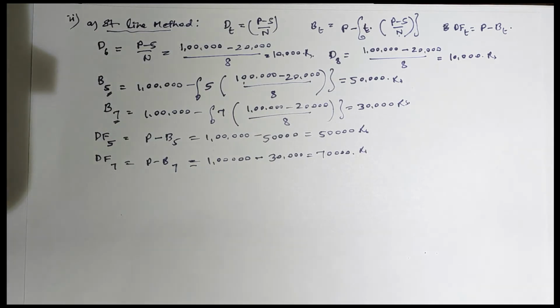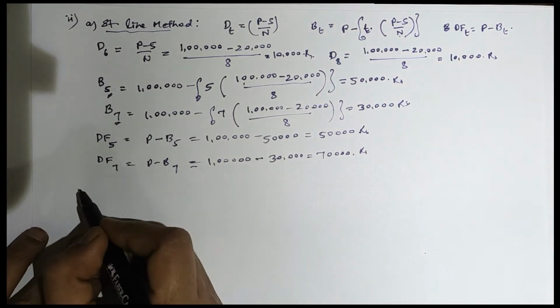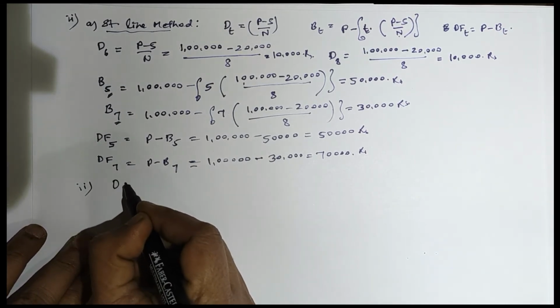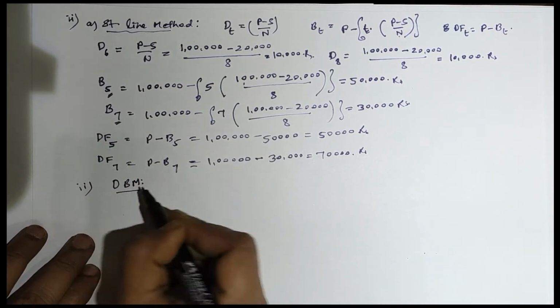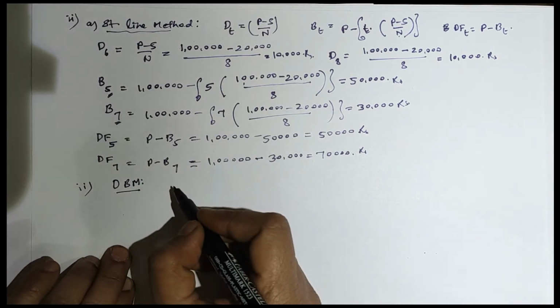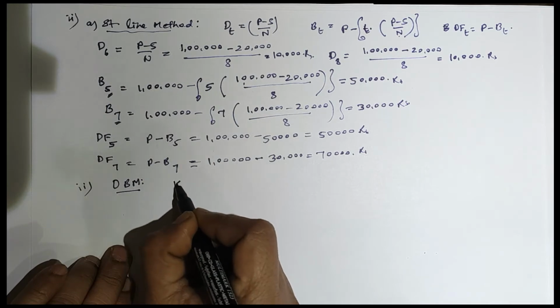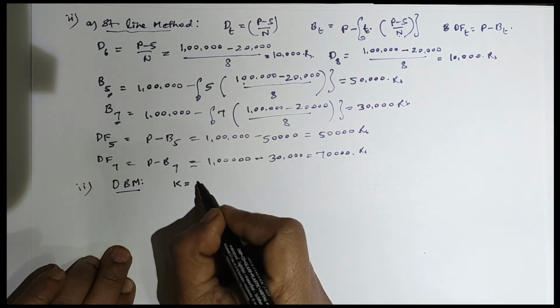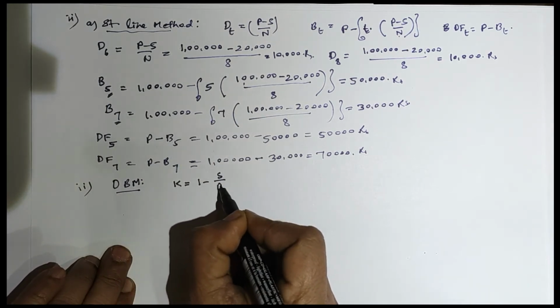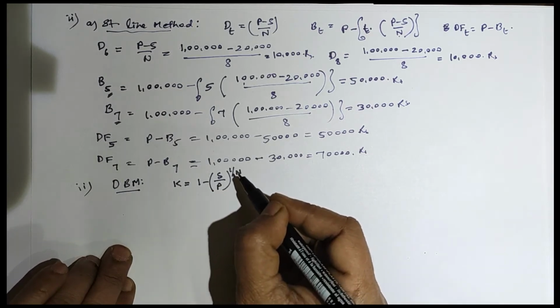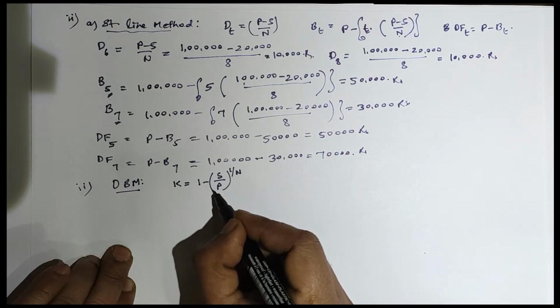Next, let us move on to the second method, that is the declining balance method. Here, first we have to calculate K. K is equal to, if not given, (1 minus S by P) raised to 1 by N. Remember, the bracket is only for this much.